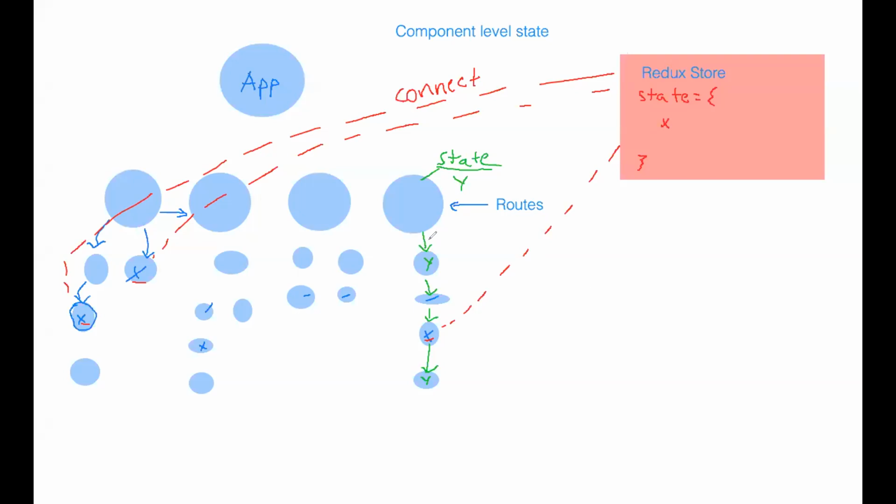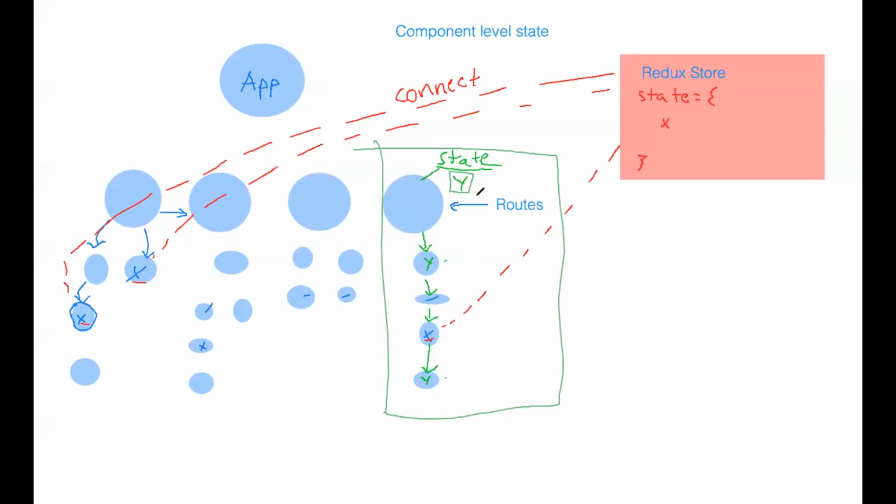You'll notice that this component tree here is managing the state for state Y, and is passing that state down as props.